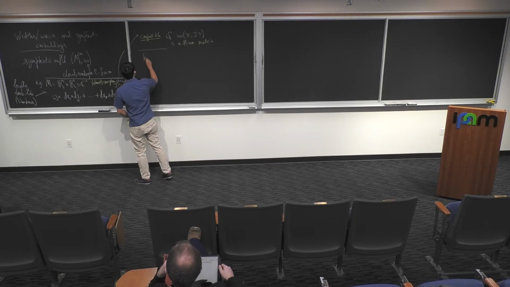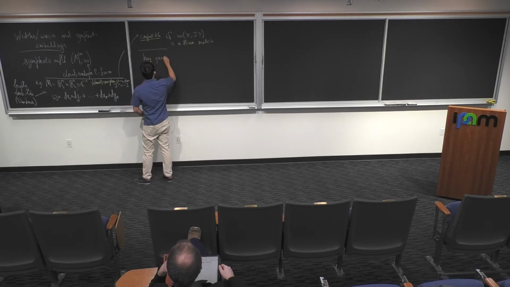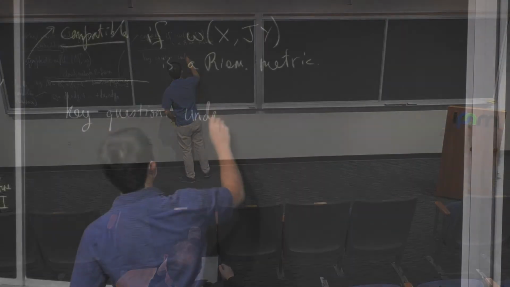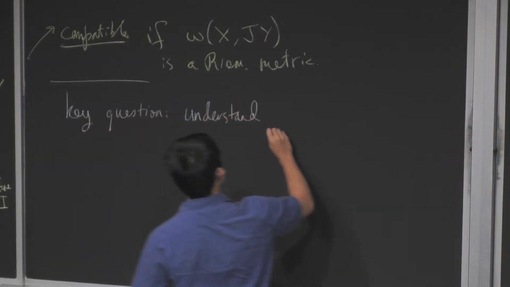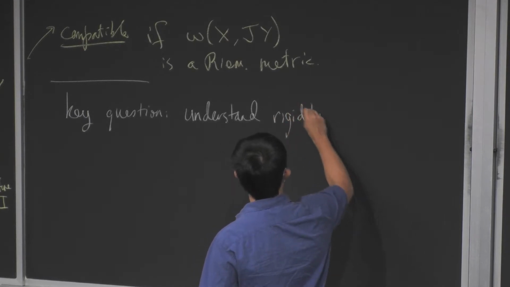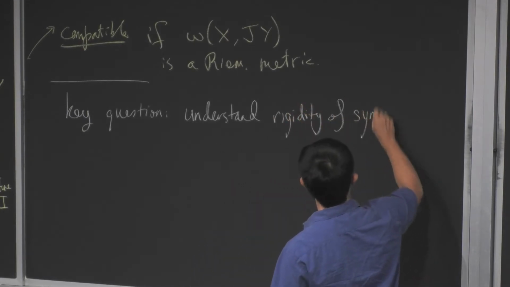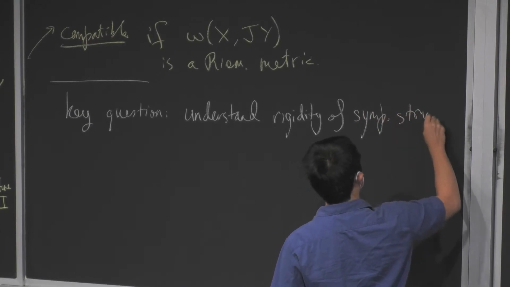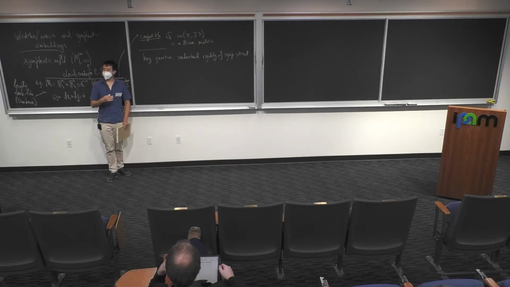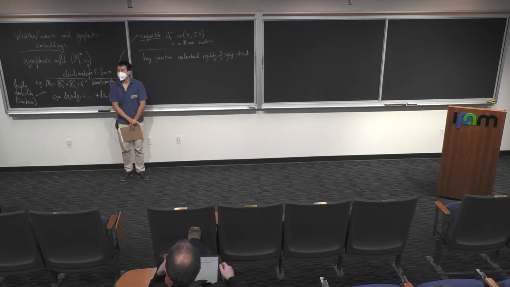Okay, but the key question in general is to understand the rigidity of the symplectic structure, or in other words, to understand when can you have a symplectomorphism, that is a diffeomorphism preserving the symplectic structure.